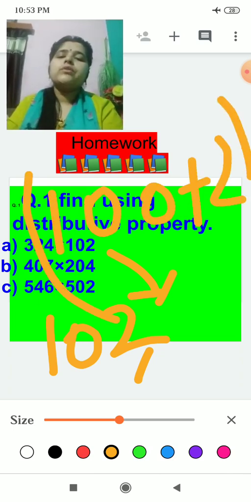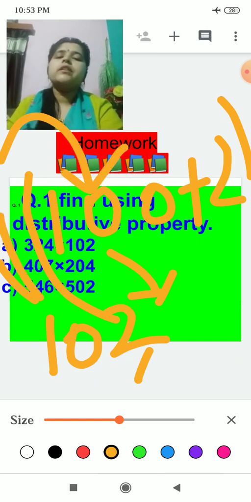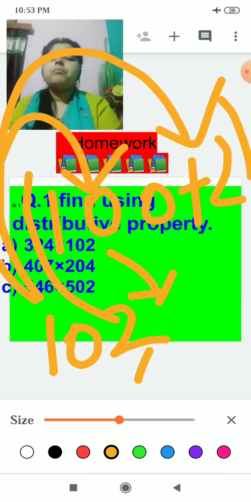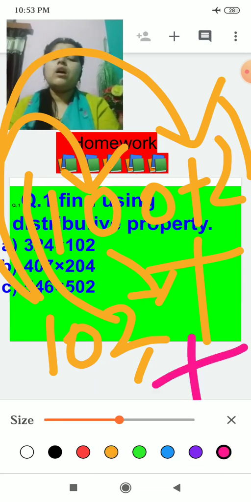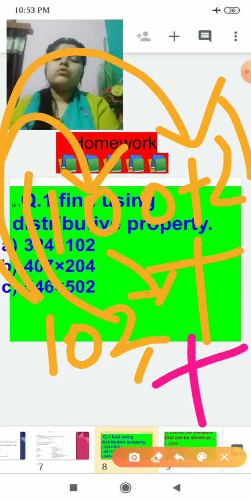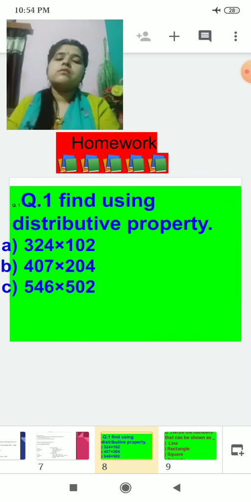Now 324 will be multiplied by this, then 324 multiplied by this. A plus sign will come in between, and you will add all the numbers. If you don't know how to do it, you can see today's video. The rest of the questions I have already discussed. Again you will do it in the same way, you can do B1, C1.